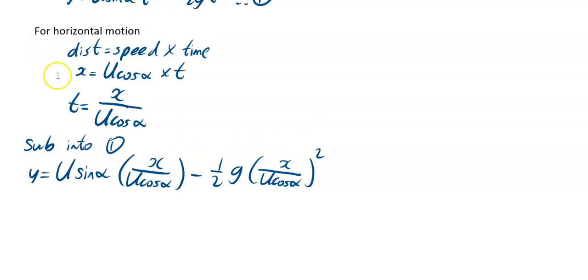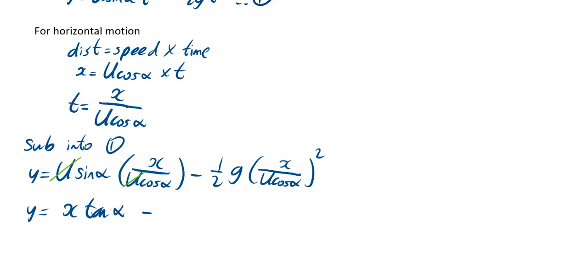Let's move down a wee bit so we have a bit more space. All we're going to do now is just do a wee bit of cancelling. Here you can see you've got a U and another U here, they will cancel out. You've also got a sin alpha and a cos alpha, so it's really sin alpha divided by cos alpha. Sin divided by cos, remember, gives you tan. So we can change those two to just be tan. So this first bit of it just becomes x times tan alpha.